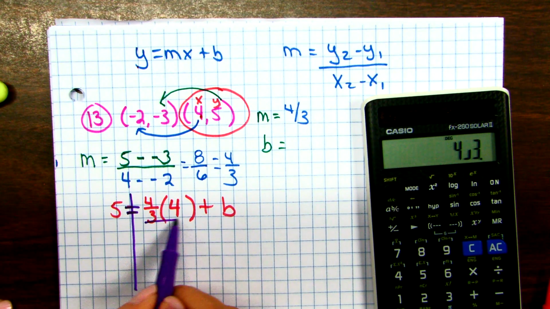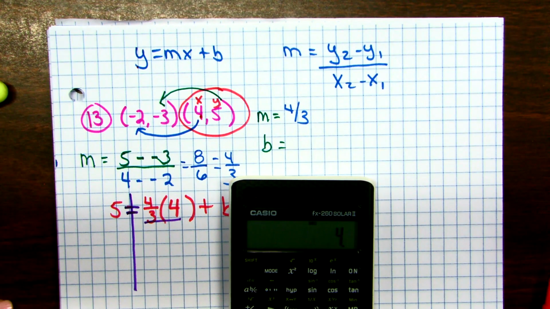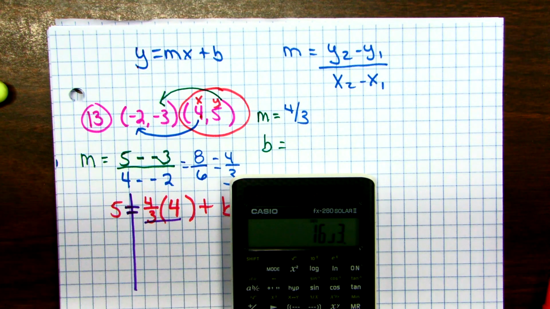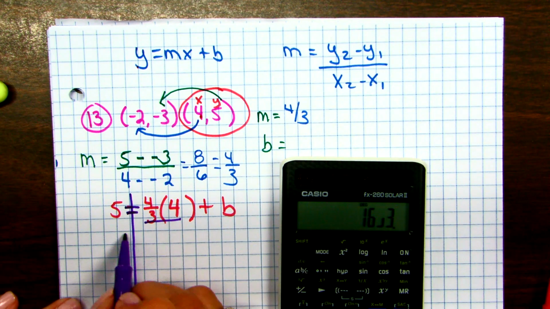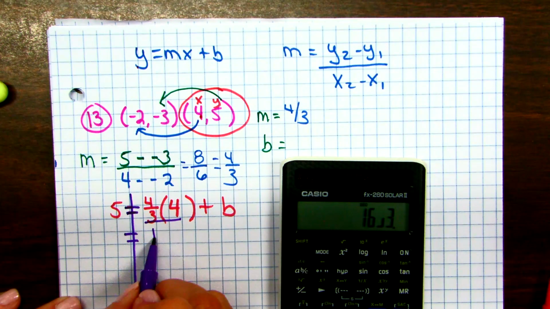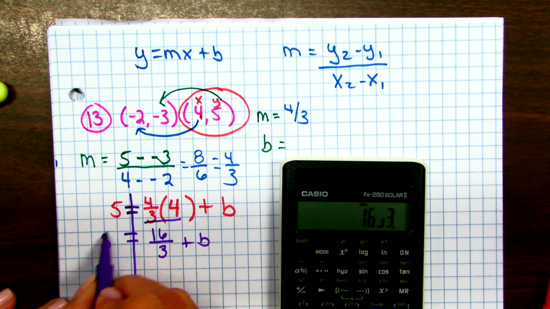I'm going to multiply 4/3 times 4. These calculators love those mixed numbers. Luckily, it's easy to fix. So when I do 4/3 times 4, I get 16/3. Just bring everything nice down.